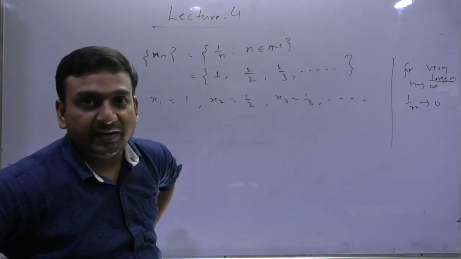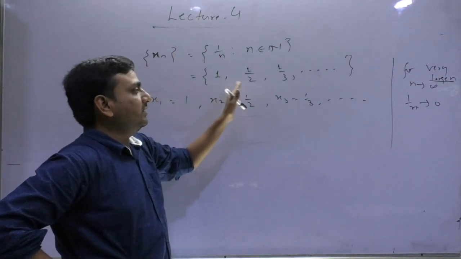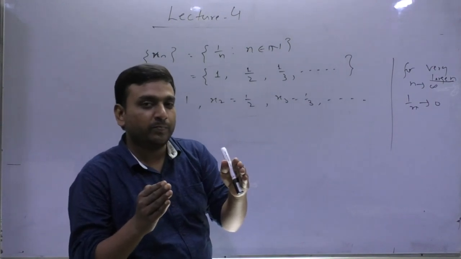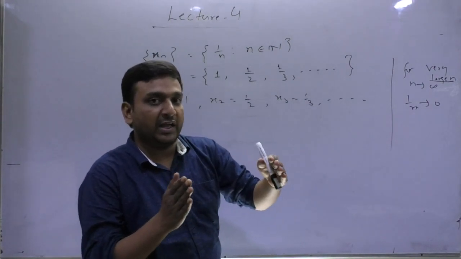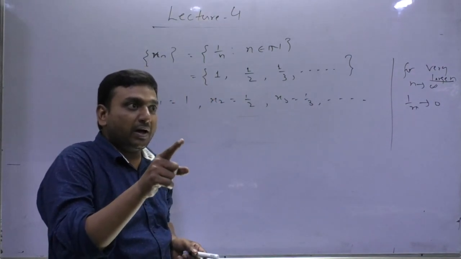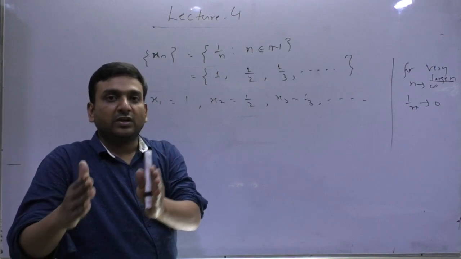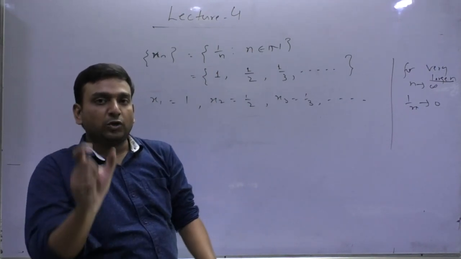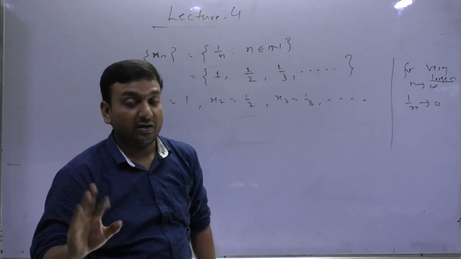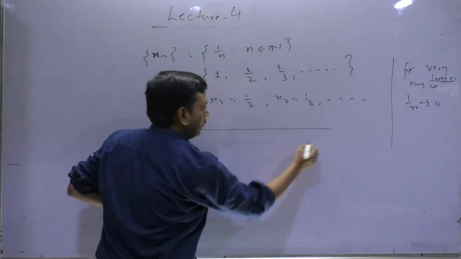I got this idea because 1 upon 2 lakh is very close to 0, and 1 upon 10 lakh is even closer to 0. So after 10 lakh terms, the difference between the term of the sequence and 0 will be less than epsilon.